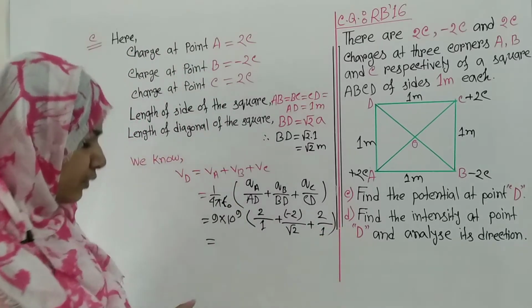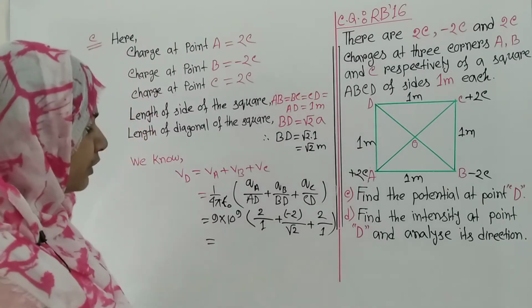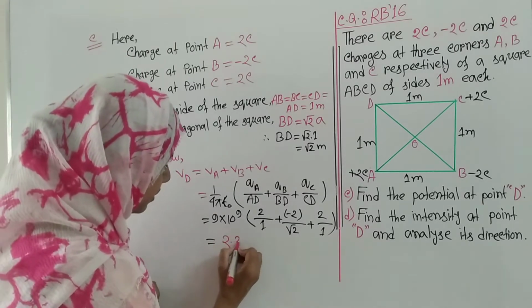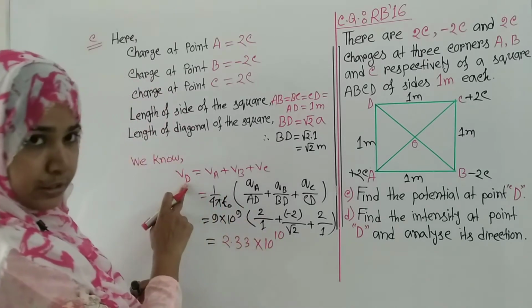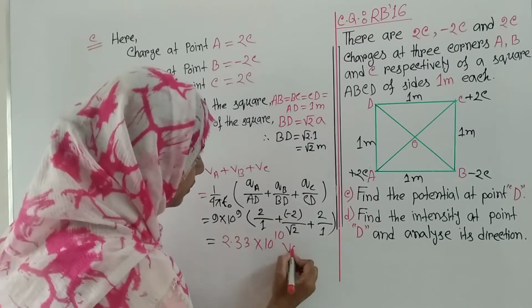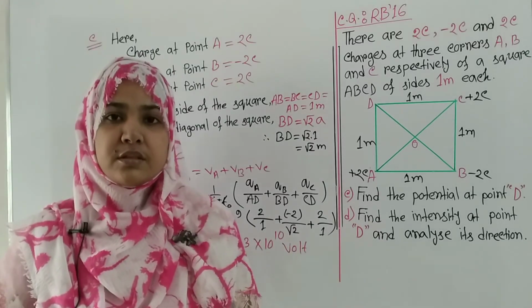After calculating it, the value will be 2.33 into 10 to the power 10. As it is electric potential, the unit is volt. This is the answer of question C.